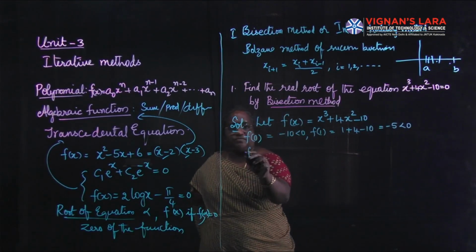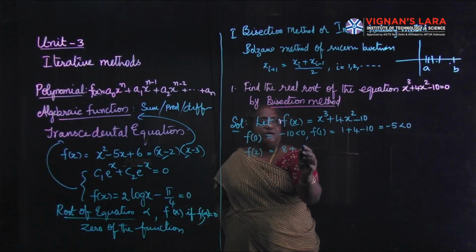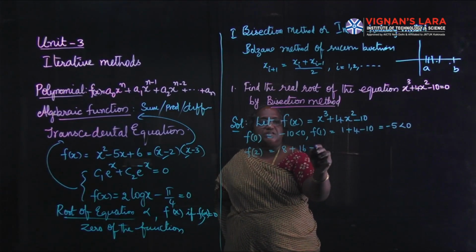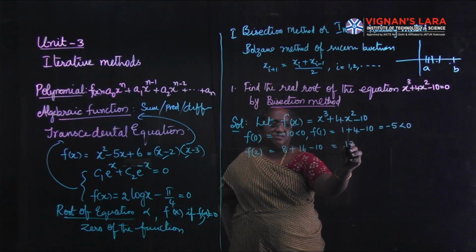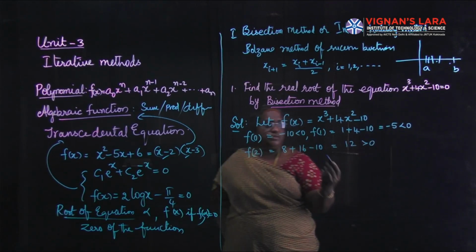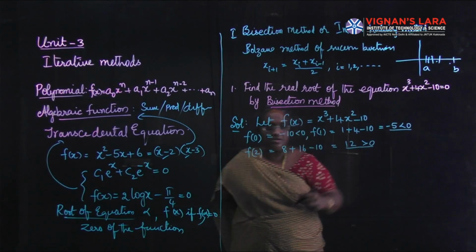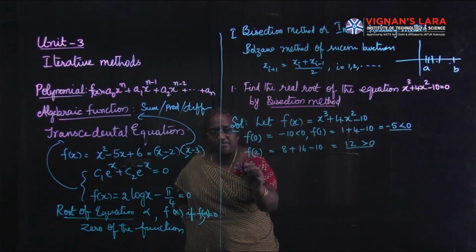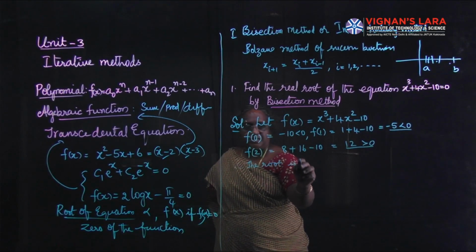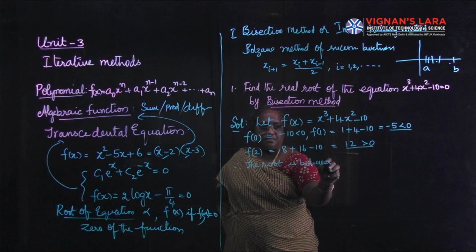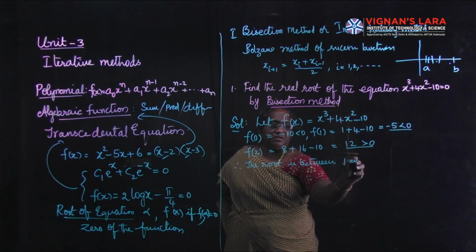Next, f of 2 is equal to 8 plus 16 minus 10, which is 24 minus 10, that is 12, greater than 0. So between which two values is the root? Here we have sign less than 0, here greater than 0. Therefore, the root is between 1 and 2.